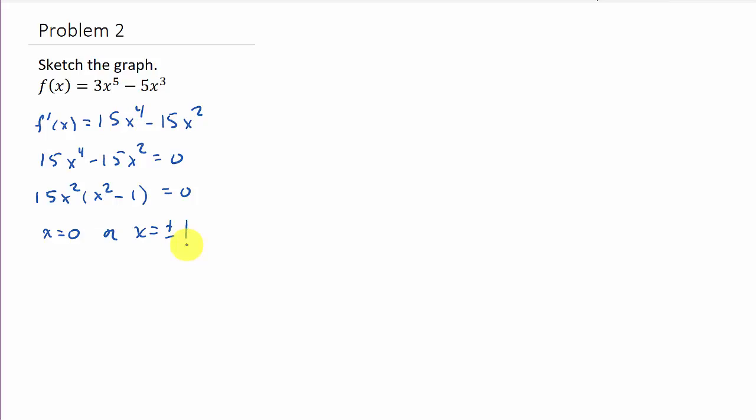All right. So once you find your critical numbers, you plot them on a number line. So we've got -1, 0, 1. And we've got 3 critical numbers, so that's going to break the number line up into 4 regions.